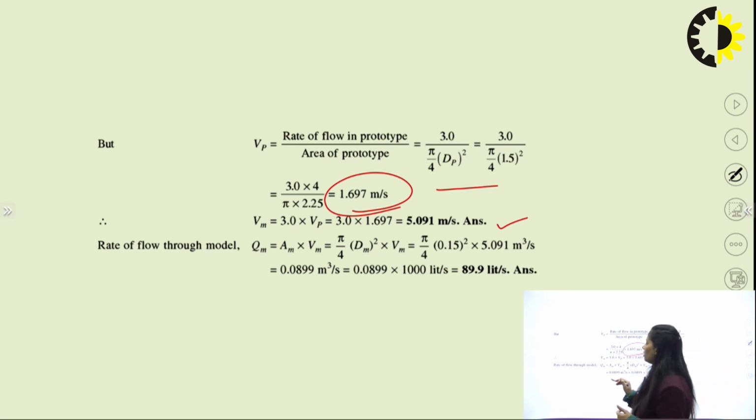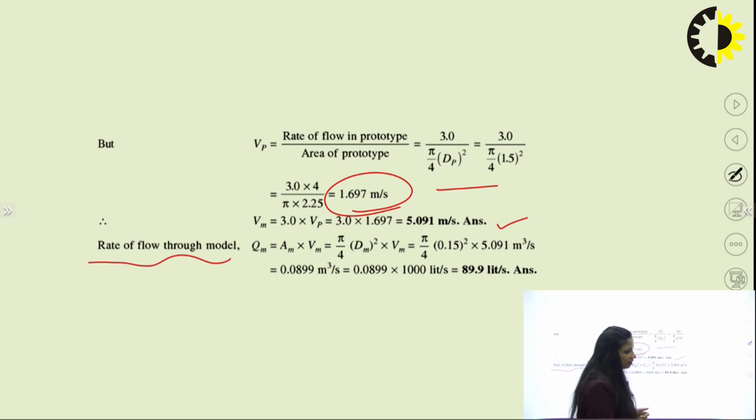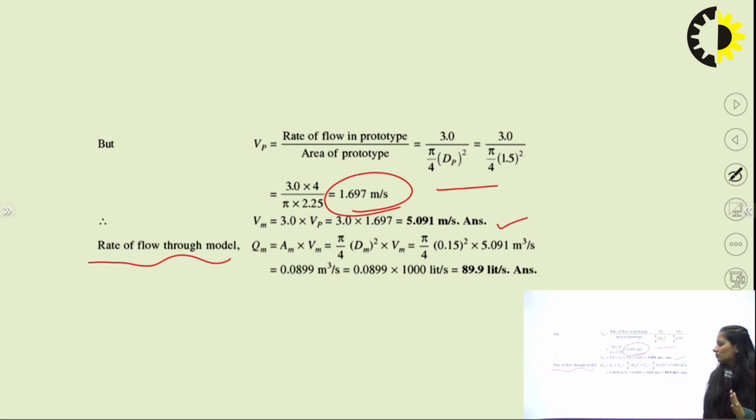Now the rate of flow through the model. When you know the diameter of the pipe and the velocity through the pipe, you can easily calculate discharge. Discharge will be area multiplied by velocity.